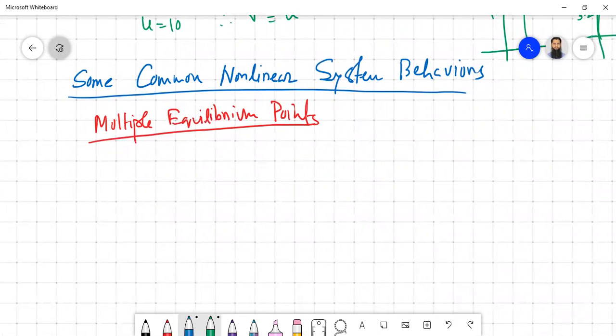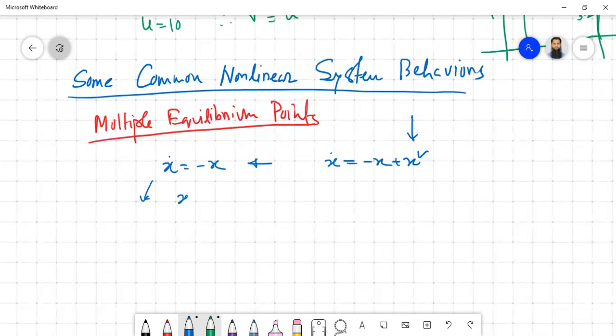The first one is x dot equal to minus x. So this is a linear system, and a nonlinear counterpart of this one is x dot equal to minus x plus x squared. So this term is the nonlinear term. We can easily solve this one by Laplace transformation. Before going for the solution, we can also find out what our equilibrium point will be.